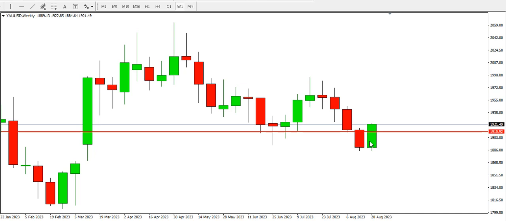view of gold. Gold is currently bullish, but it depends on where the price closes. If the weekly price closes around this area, we might see price progress further up.